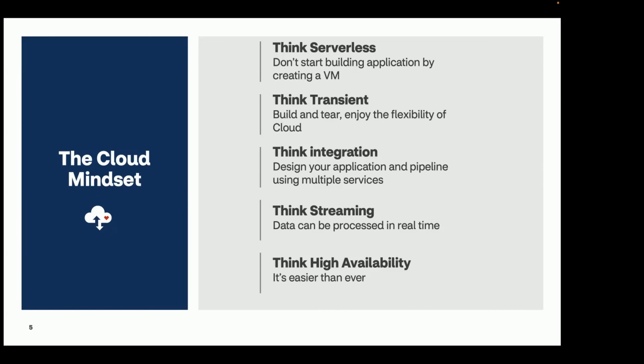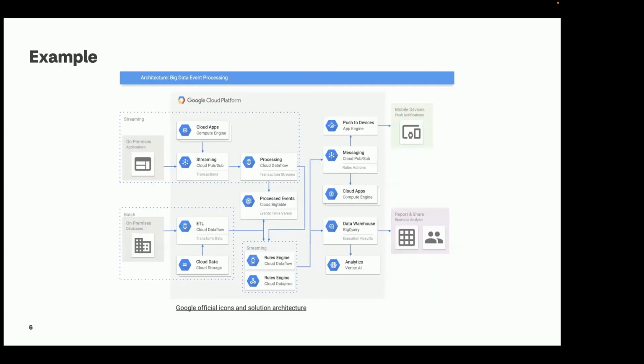And think about streaming, meaning data can now be streamed in real time, and how do you change your processing to handle that. In on-premise, you probably don't have this. And think about high availability also. That is a lot easier to do in cloud. So those are some mindset points that I think you should consider if you are moving to cloud from on-premise.